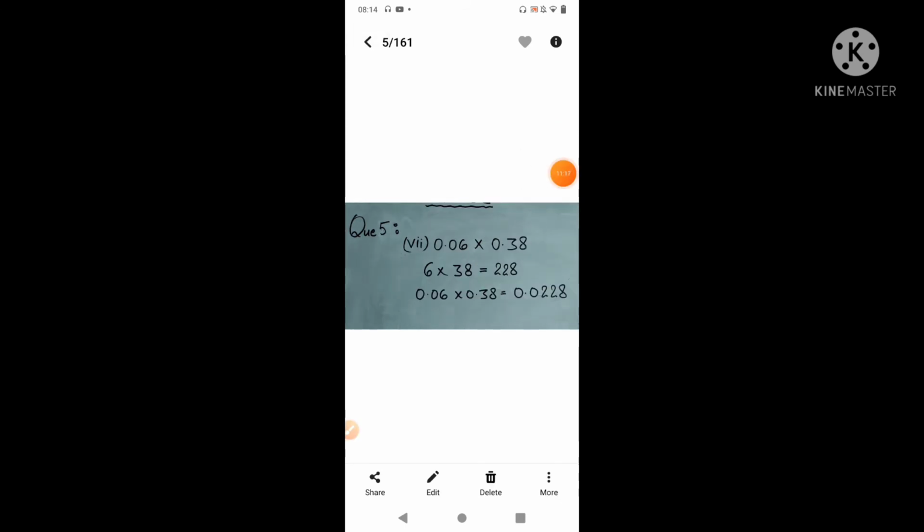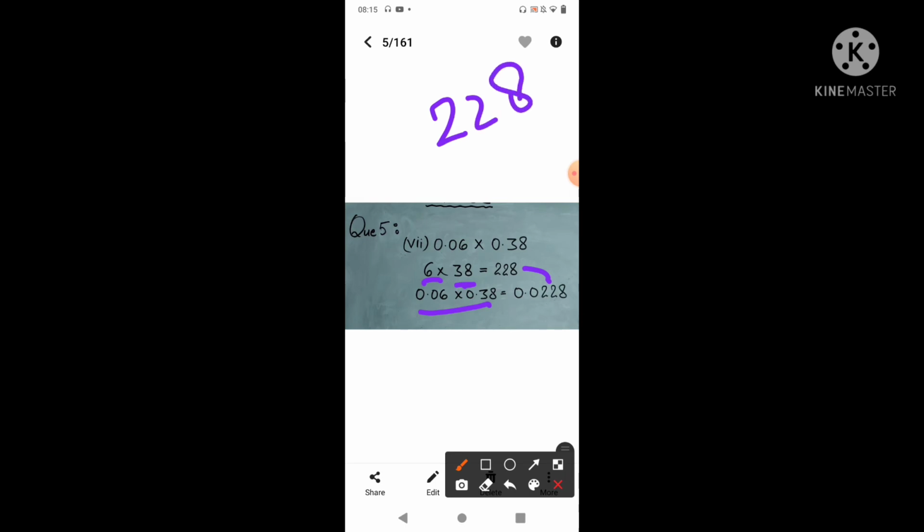See the 8th one too. 0.06 multiplied by 0.38. Here also forget the decimal for a while. So 0.06 will become 6 only, and 0.38 will be 38 only. After multiplication the product will be 228. Now we take the same decimal numbers equal to, write the same product first, means 228. And now count the number of decimal places. Here 2 places, in the second decimal number again 2. So 2 plus 2 is 4.